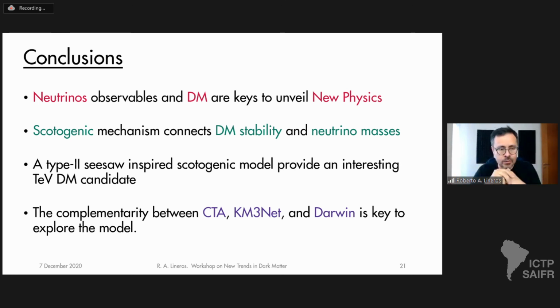And of course, the scotogenic scenario itself is also interesting because it provides a way to explain why dark matter is stable and why neutrino masses are small, due to the connection via one-loop processes. And in this case, this type 2 seesaw scotogenic model that I'm presenting here is very interesting because it's a rare model in which you have a TeV dark matter candidate.